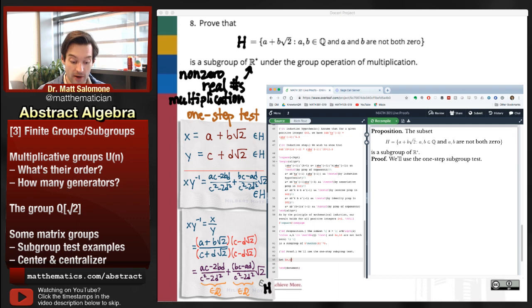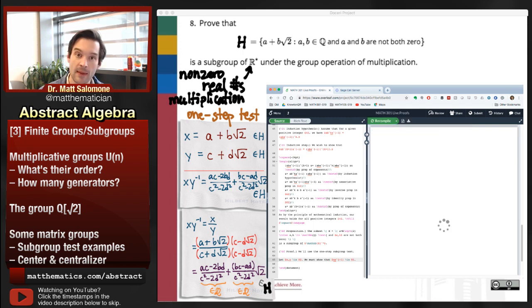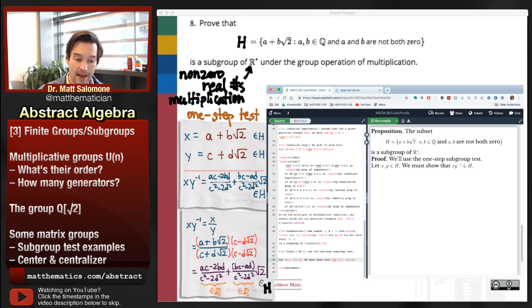Let x and y be elements of H. We must show that xy inverse belongs to H. So that one line has the function of unpacking the one-step subgroup test for the reader, and therefore telling us again what the strategy is. Also giving x and y actual instances, eliminating the universal quantifier, and stating the burden of proof, that xy inverse belongs to H.